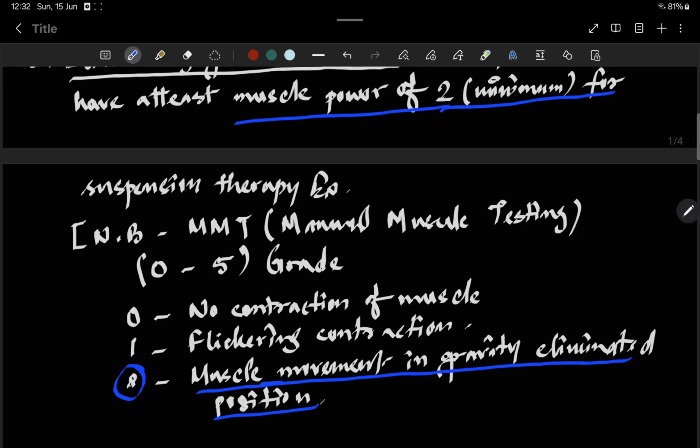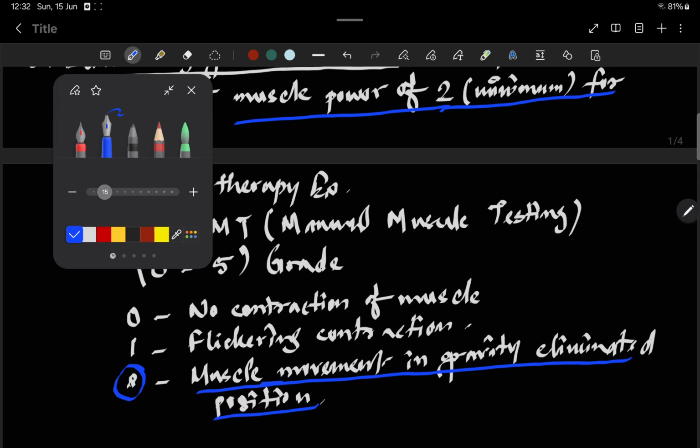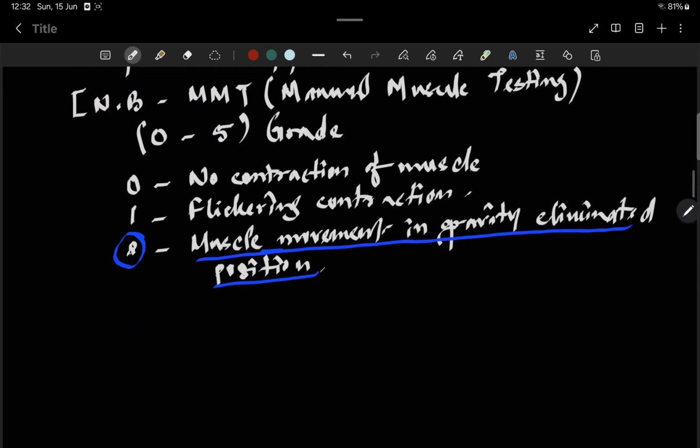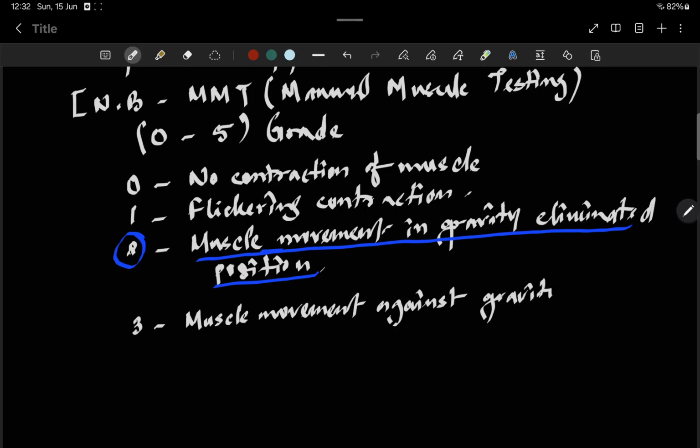Number 3 is movement against gravity, which is grade 3.